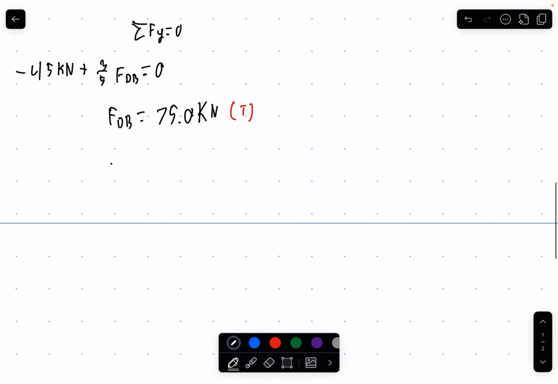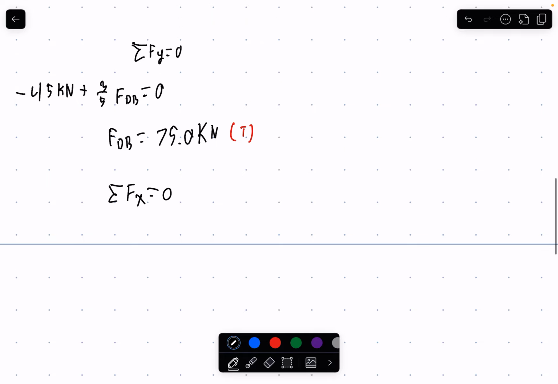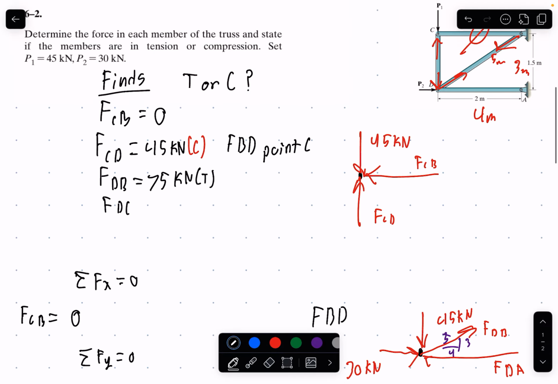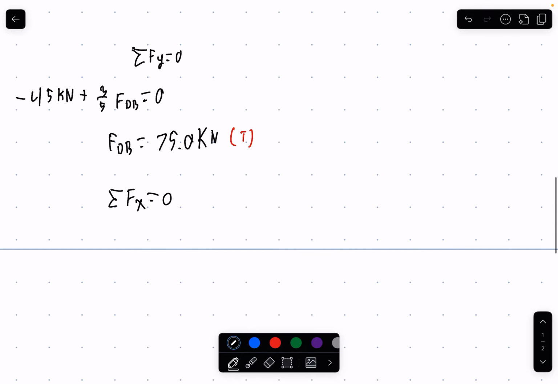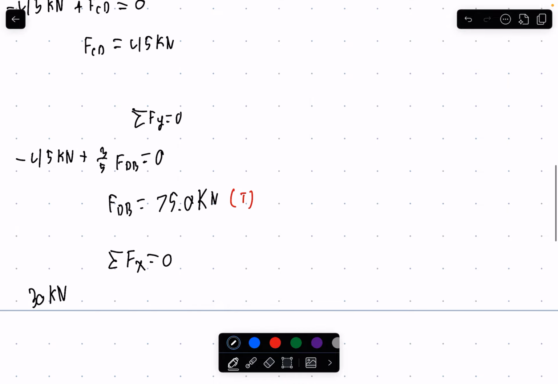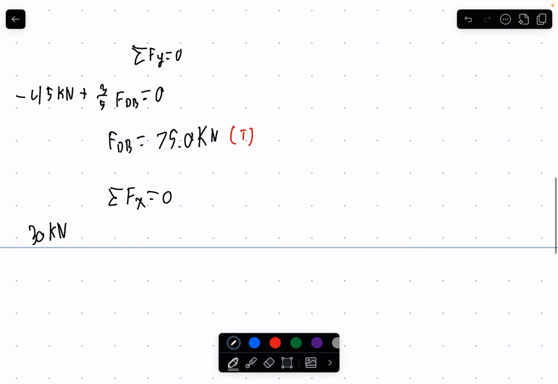Okay, and now our last equation, sum of the force in the x of point D right here. We know that there is a 30 kilonewton load acting towards the right here, and then we have the horizontal component, 4 over 5 force DB, which we know is 75 kilonewtons.